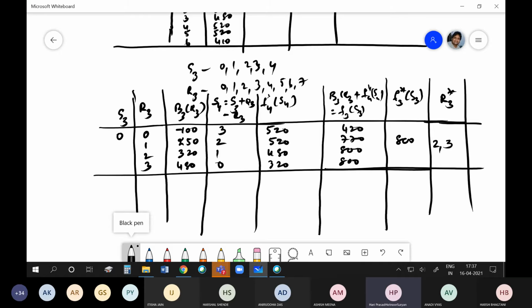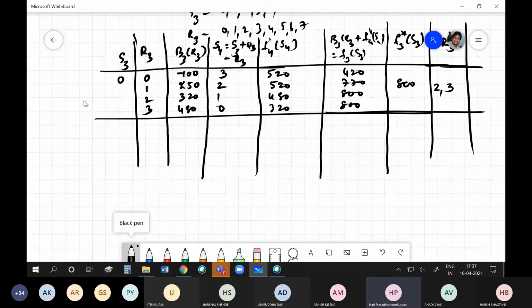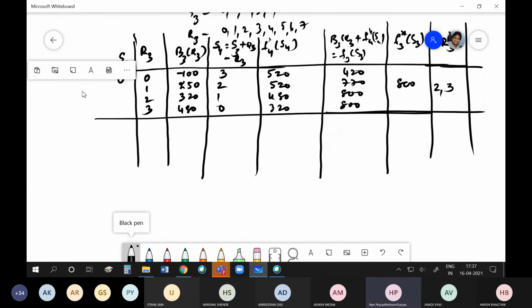So now let us go to what happens if I have a storage of 1 unit at the beginning of the third season. Okay. So what are the possible releases I can have? 0 to 4. 0, 1, 2, 3, 4.